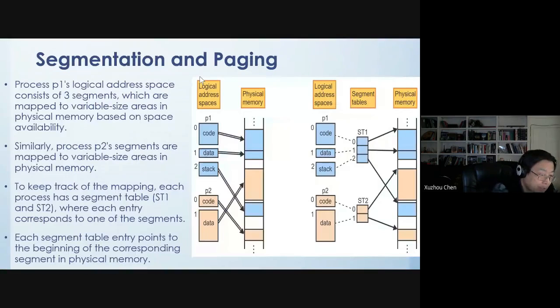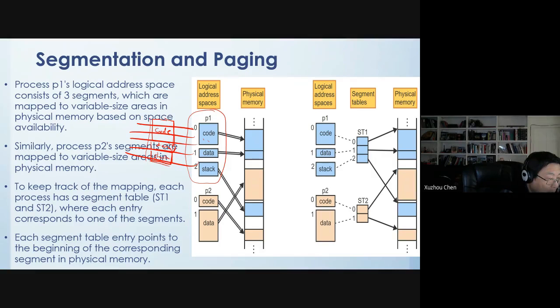So here's the example. I have a program. Instead of using segmentation, in the paging I'm going to put all the code, data, and the stack all in one location. Then I chop it.